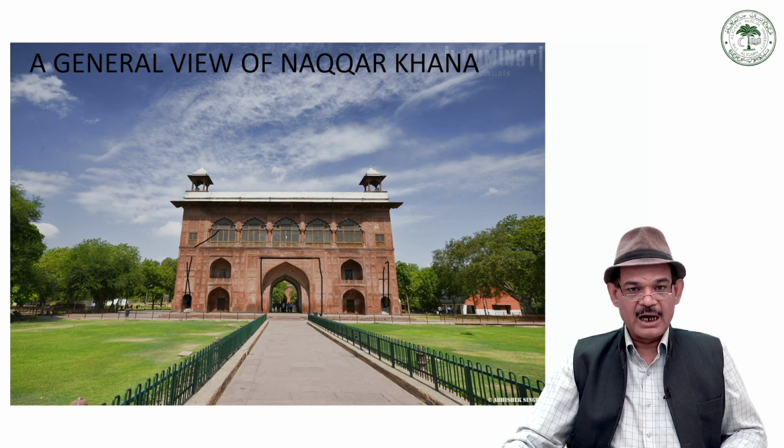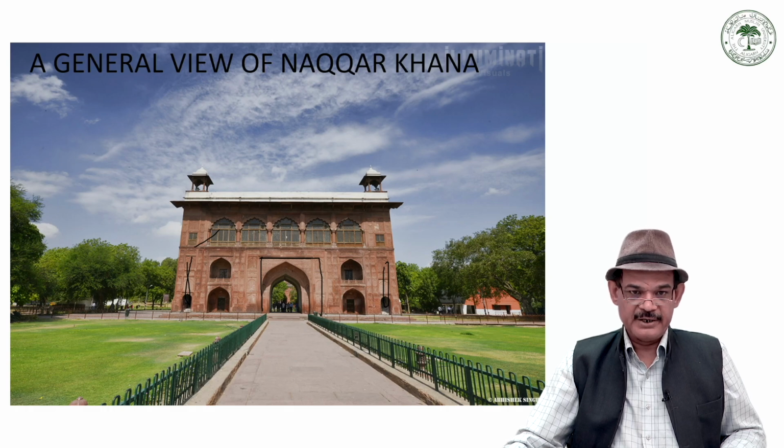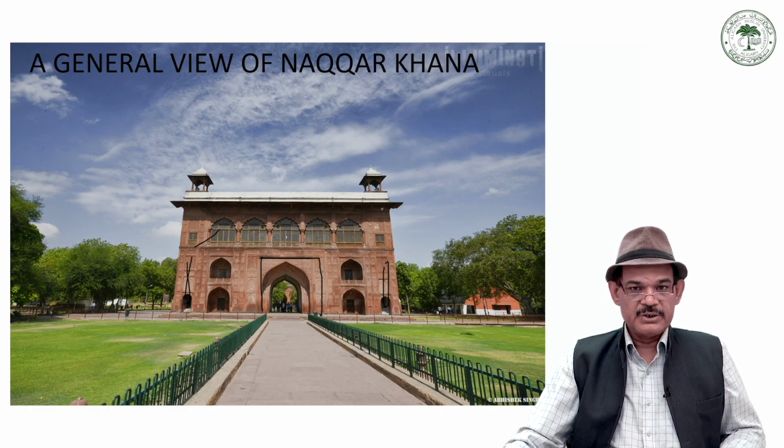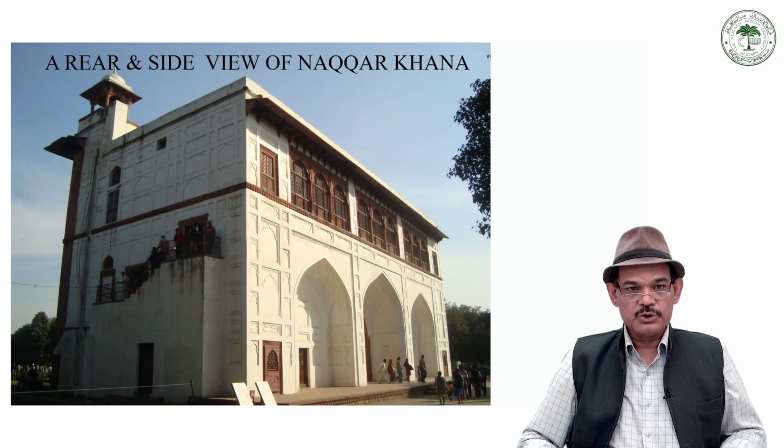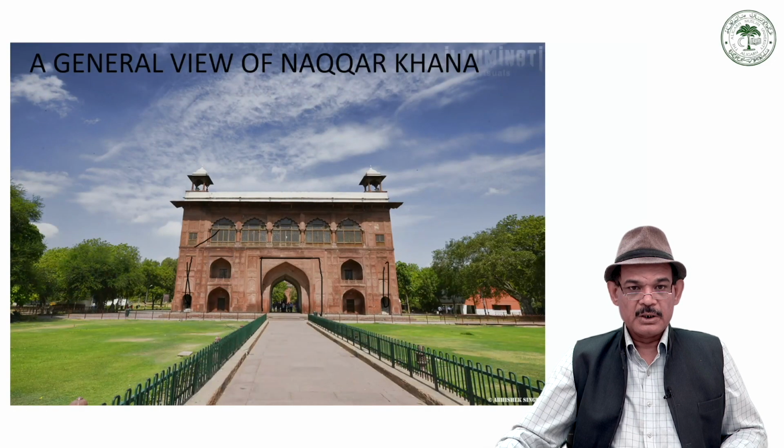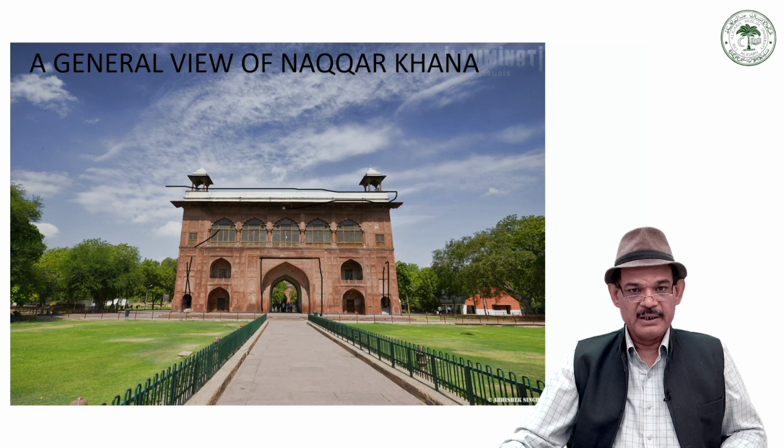These five arched openings were provided on the eastern and western sides, and the second story is surmounted by huge dropping eaves. Above the huge dropping eaves, parapet designs were built in the form of a railing.